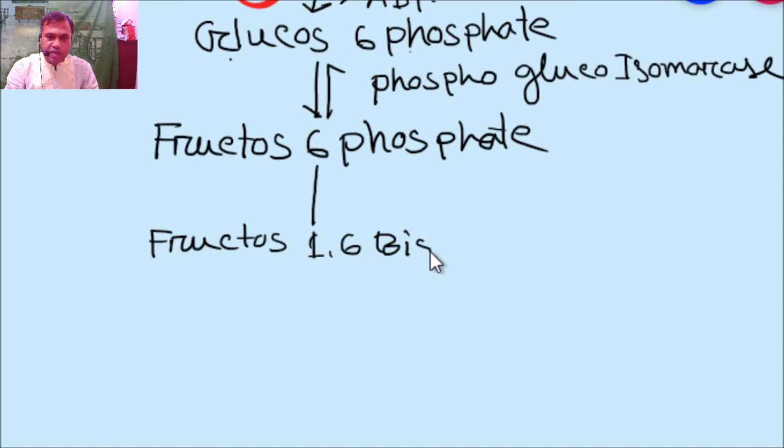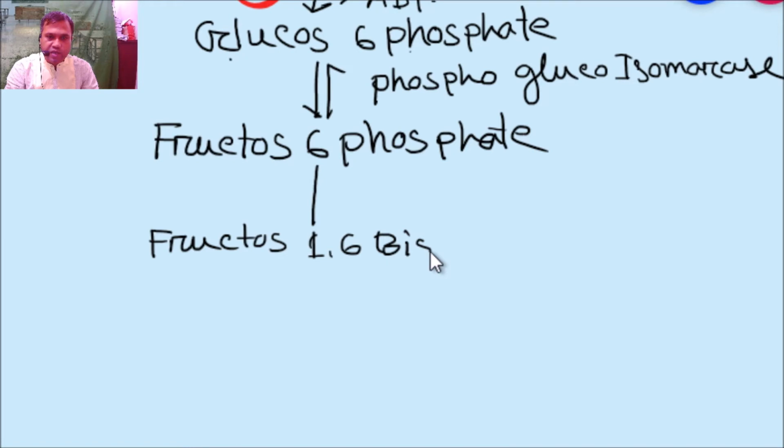When fructose 6 phosphate turns into fructose 1,6 bisphosphate, the difference is one phosphate, and this phosphate is supplied by ATP. ATP then turns into ADP, and this is a non-reversible reaction. So the enzyme name will be a kinase, phosphofructokinase.